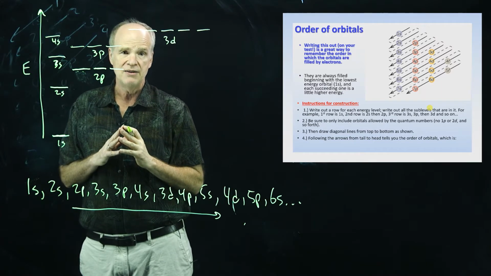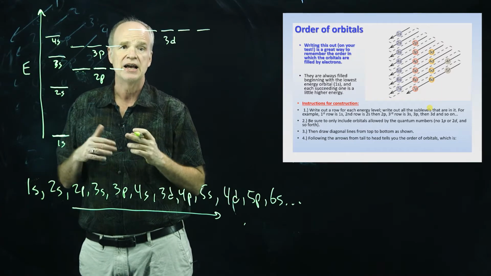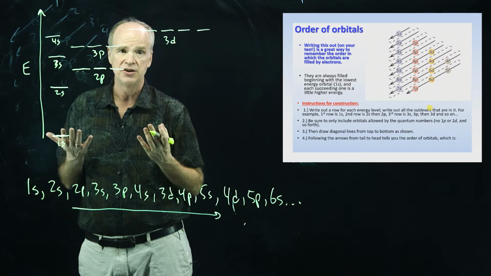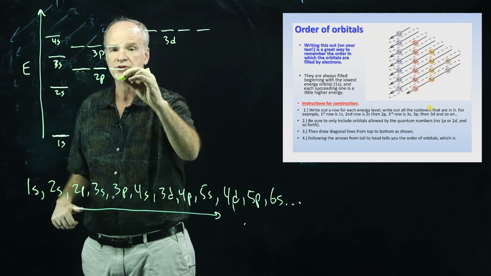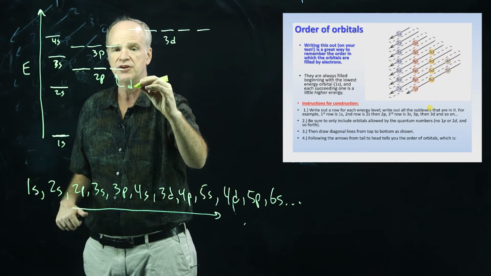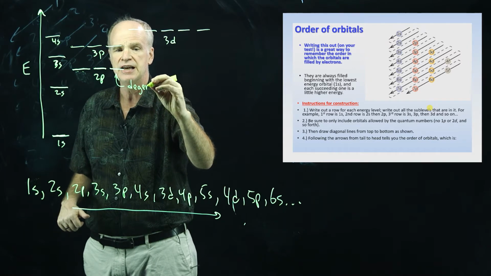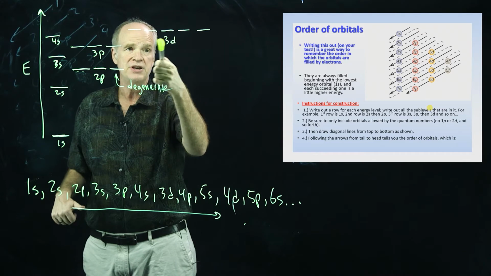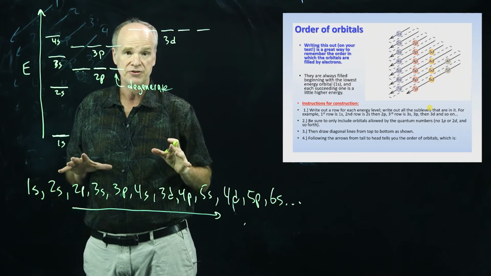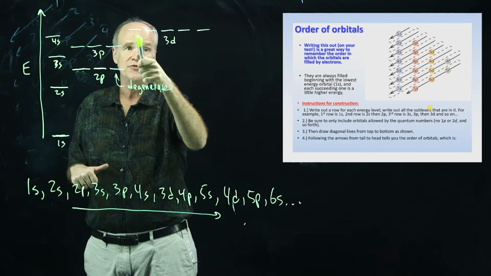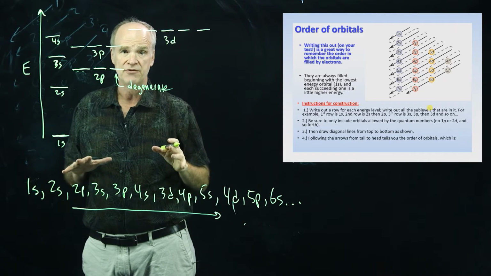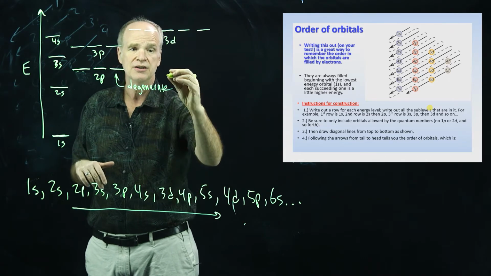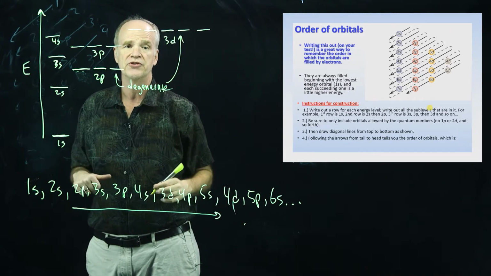When you have orbitals in a sublevel that have exactly the same energy, they are said to be degenerate orbitals. The word is degenerate, D-E-G-E-N-E-R-A-T-E. So the 3d orbitals are also degenerate orbitals because these 5 orbitals of the 3d sublevel have exactly the same energy.